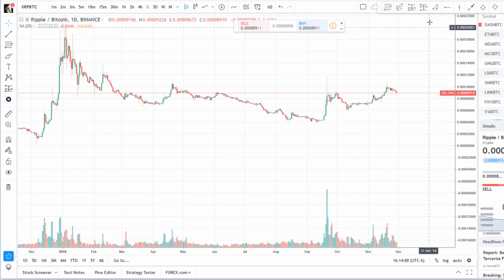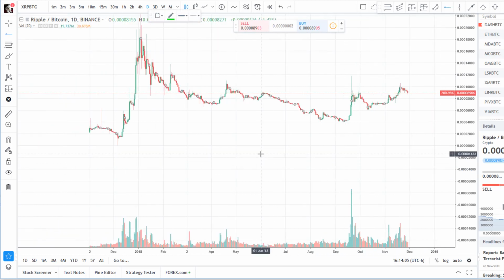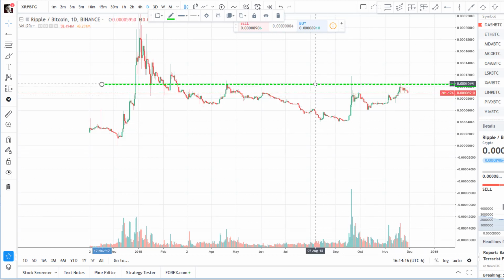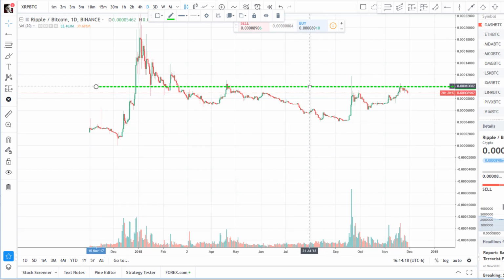If we use a horizontal ray here, you would maybe say, looking at the total time it's been traded here, at least the data that's available to us, we'd say this might be a fair market value. You could potentially say this, maybe.